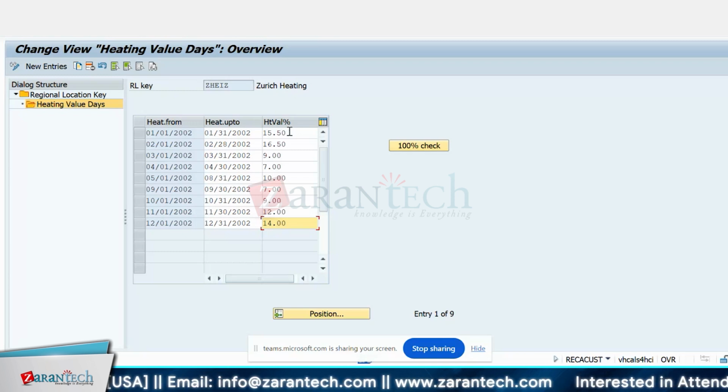Now again, this particular heating value key will be assigned to your service charge key. So you can carry out settlement using the regional location of this particular settlement, and the cost through that will be settled on your settlement unit.